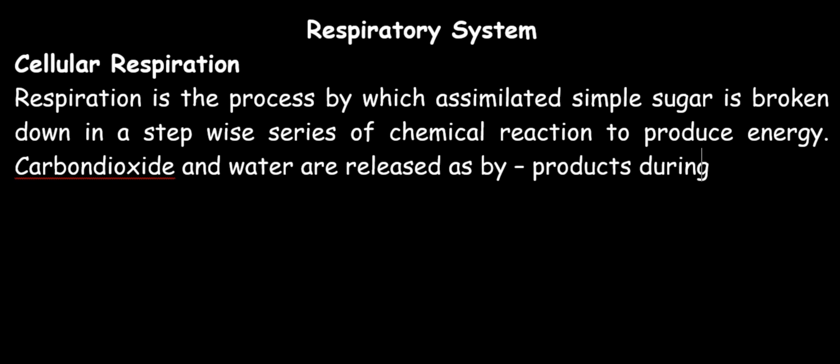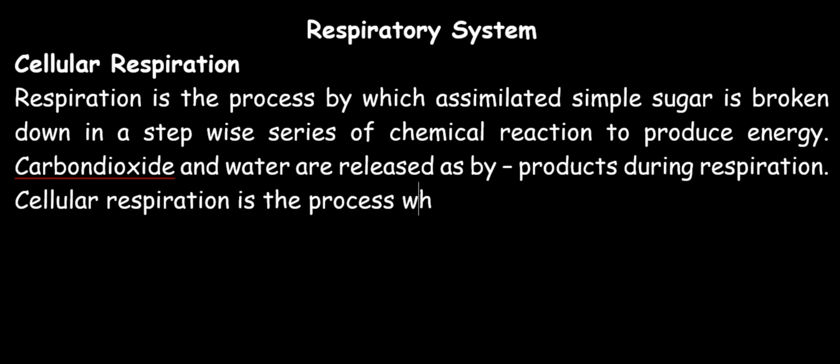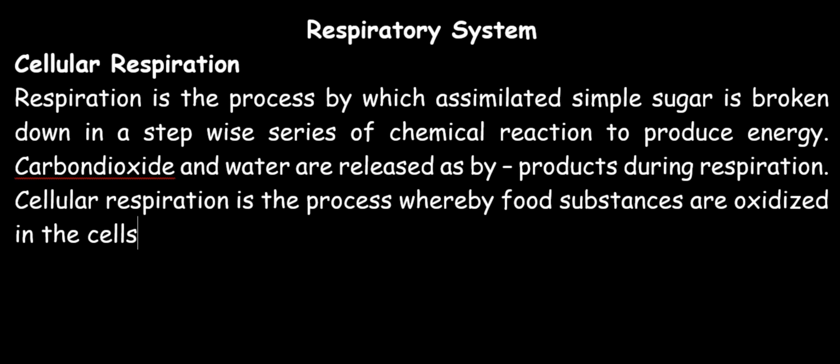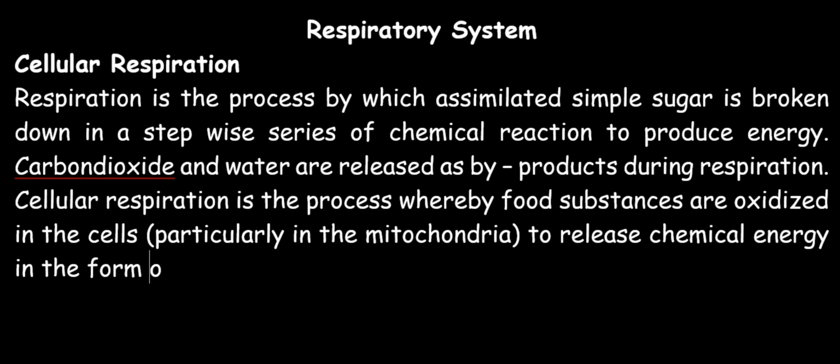Having looked at what respiration is, let us define cellular respiration. What is cellular respiration? Cellular respiration is the process whereby food substances are oxidized in the cells, particularly in the mitochondria, to release chemical energy in the form of ATP, that is adenosine triphosphate, for work.